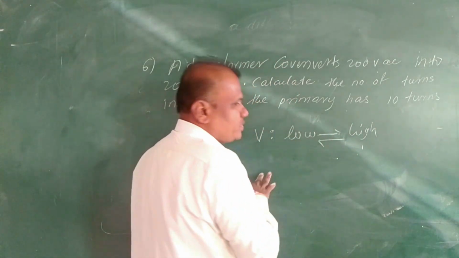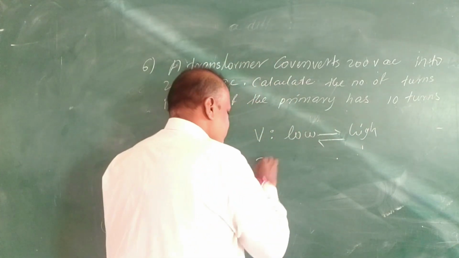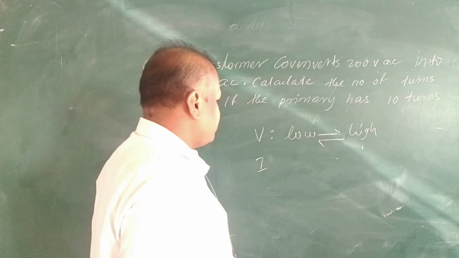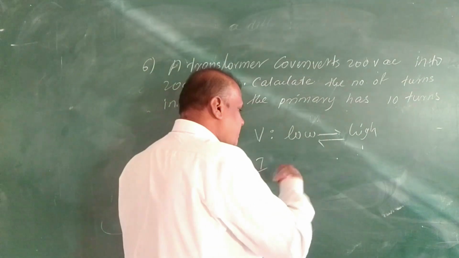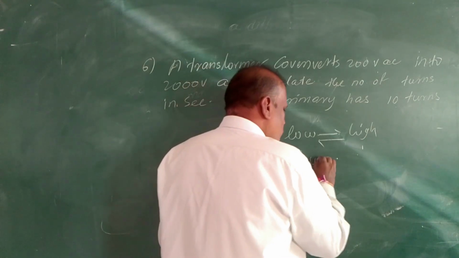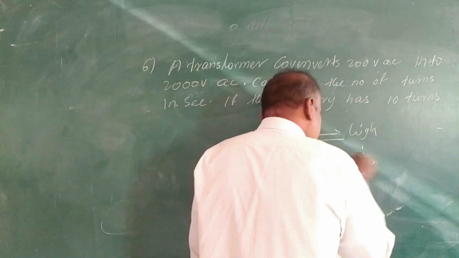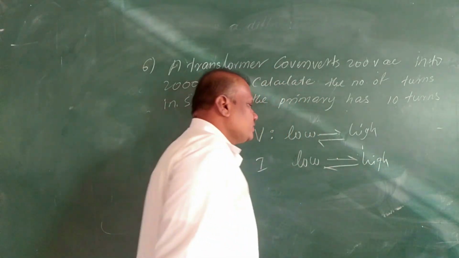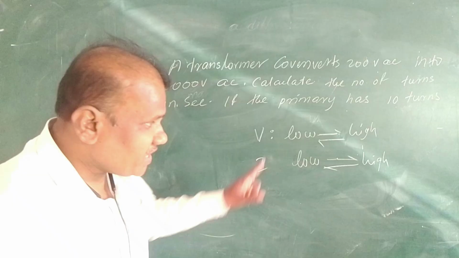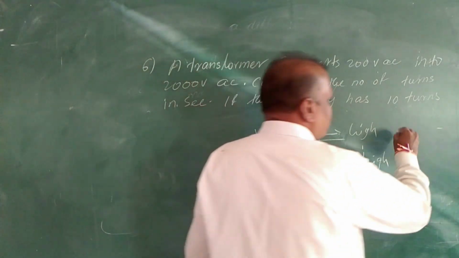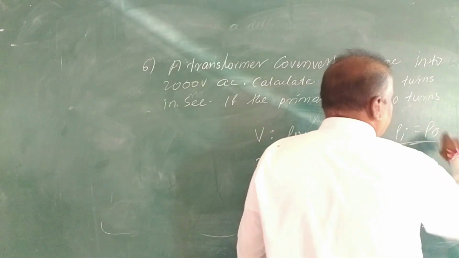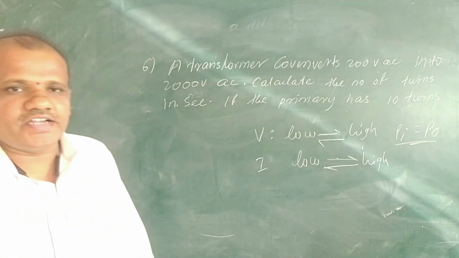Similarly, you can define the transformer in terms of current also: it can change the current level from low to high, or high to low, keeping the power constant, input power equal to output power. So it is an electrical device.